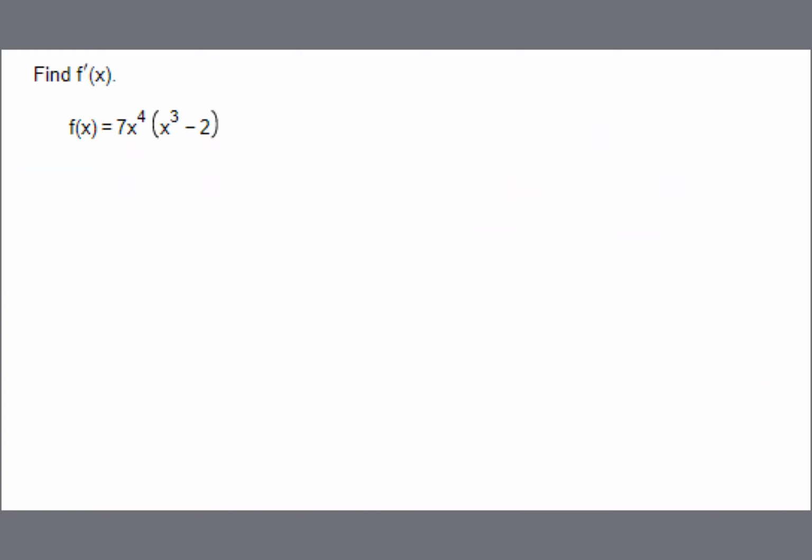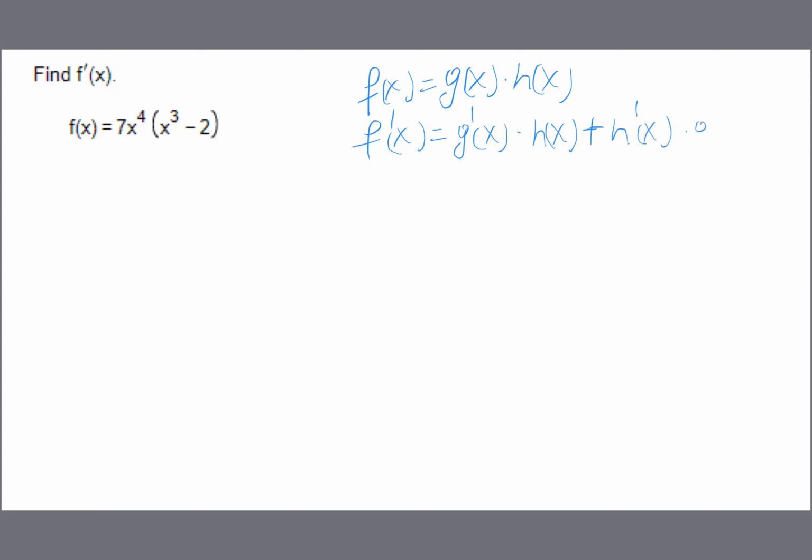All right, so here's another one. I'm going to do this in both ways again. So let's review the product rule. f of x equals g of x times h of x. f prime of x is g prime of x times h of x plus h prime of x times g of x.